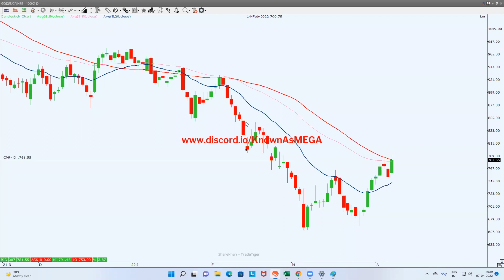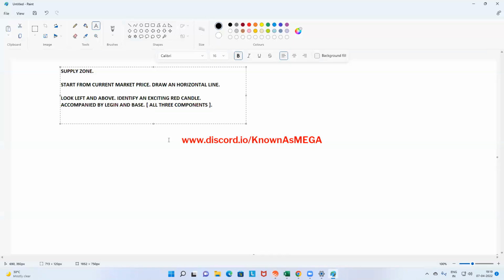Is Ravi here? Can you please confirm, Ravi? ये हुआ leg in, base, leg out. Perfect. So now we'll build on our concepts. Mark the supply zone.